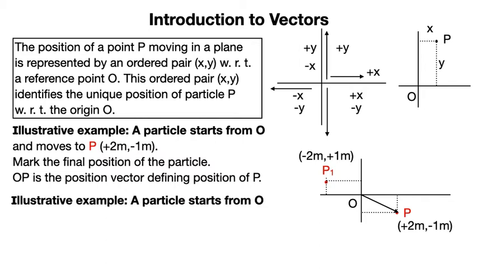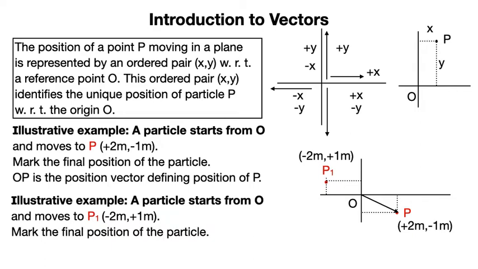Similarly, you may have a particle starting from point O and moving to a point P1: minus 2 meter, plus 1 meter. So you reach here. We have the final position. Now join O to P1. This again is a directed line segment, OP1 and not P1O.